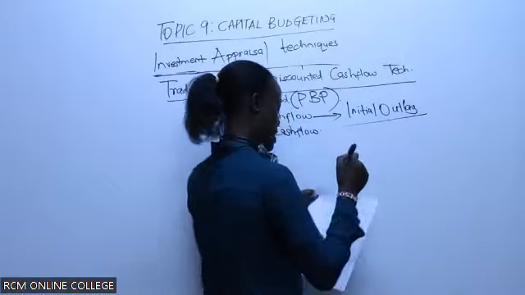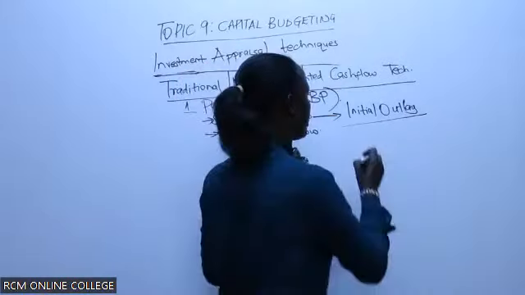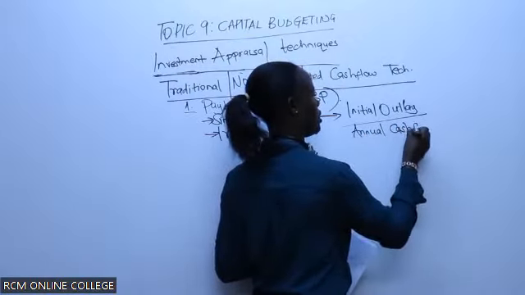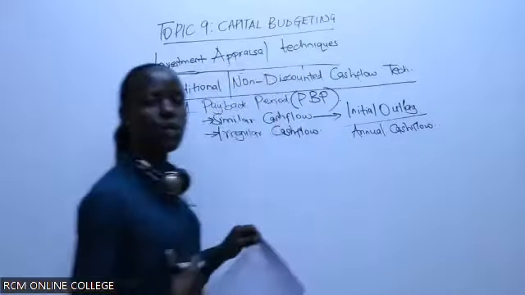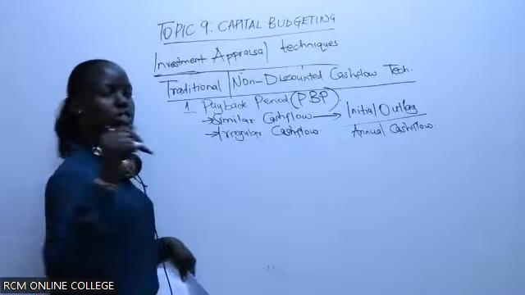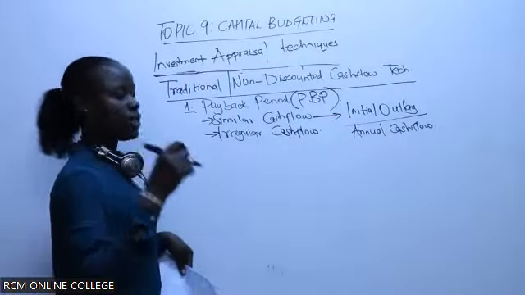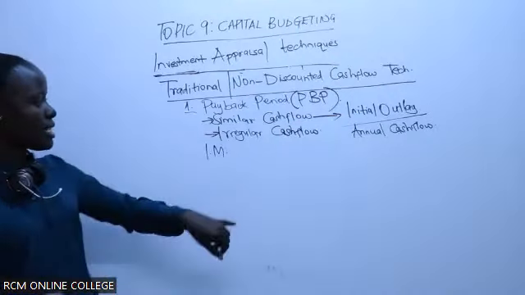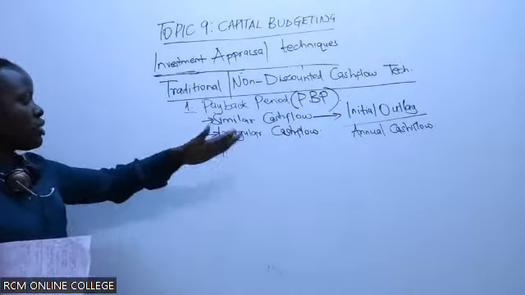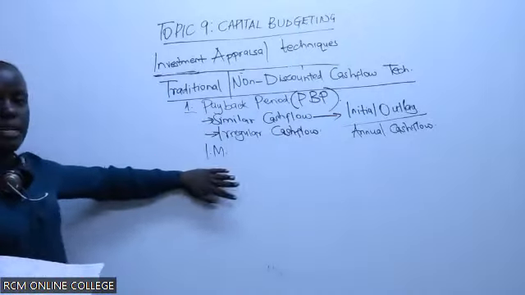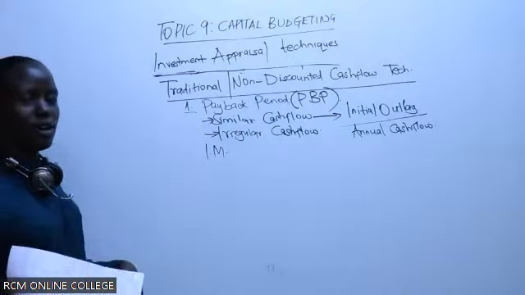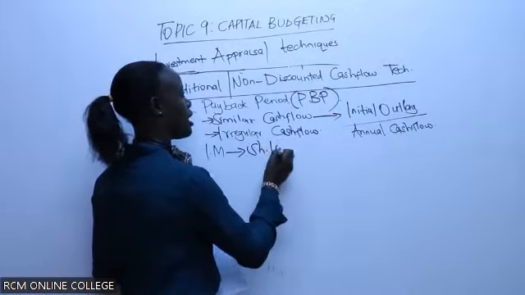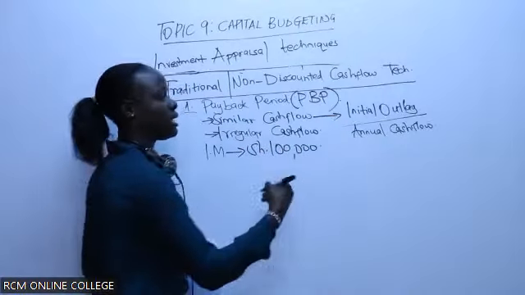You divide by the annual cash flow. For instance, you are told that a project requires an initial cash flow of 1 million, and once the project was developed, the annual cash flow that we had, for instance, was 100,000, and now you want to calculate your payback period.